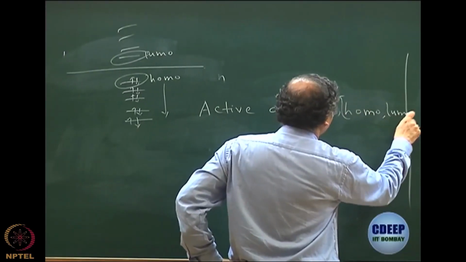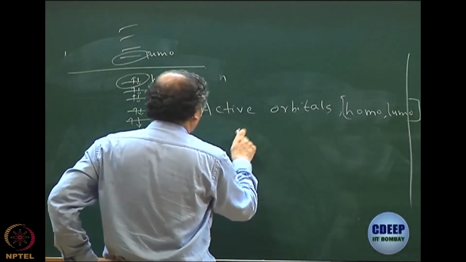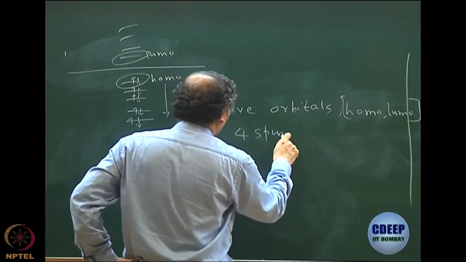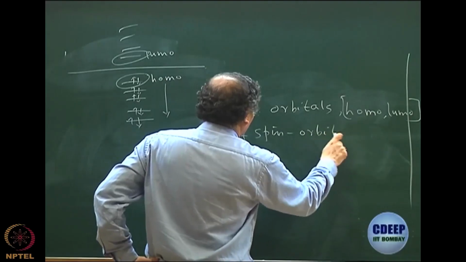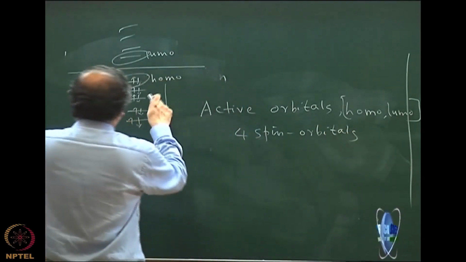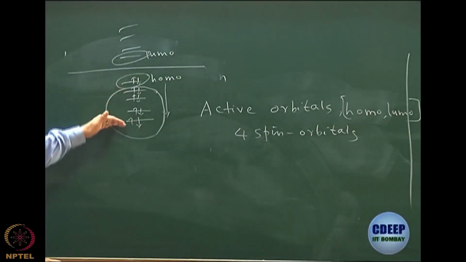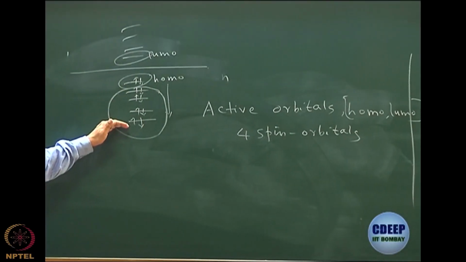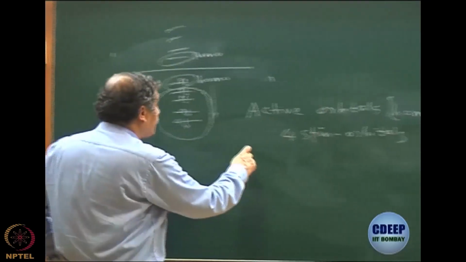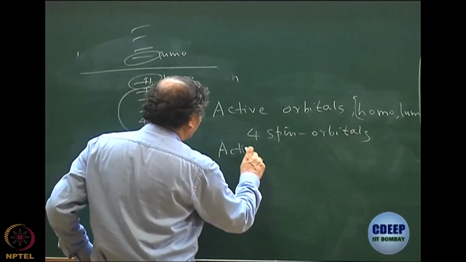So, 2 orbitals, how many spin orbitals? 4 spin orbitals, correct? I do not want to change this. So, all my configurations will have these 8 electrons frozen. These are not my active electrons. So, active electrons are also only 2.